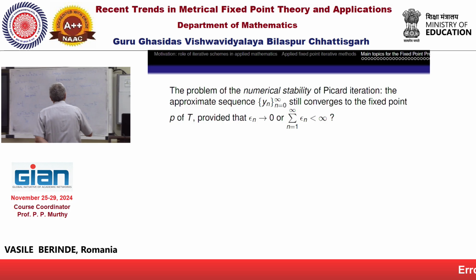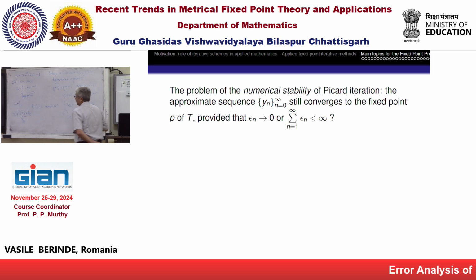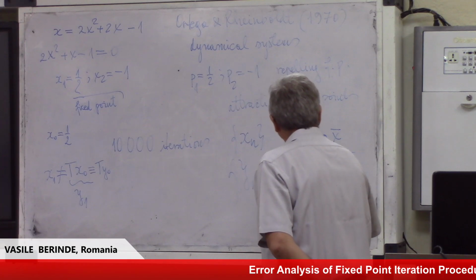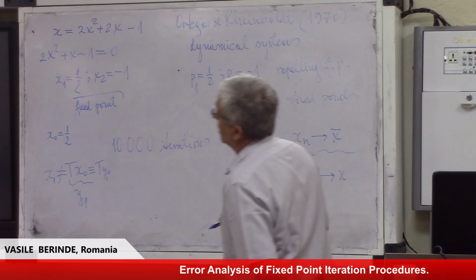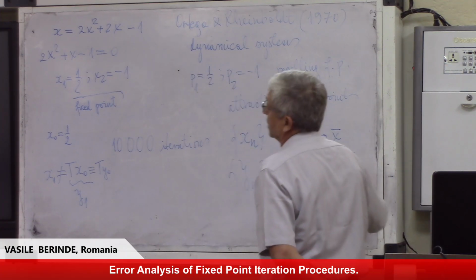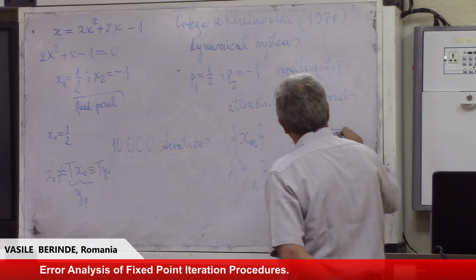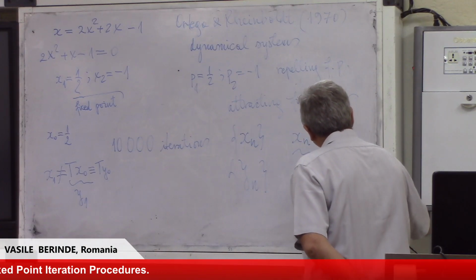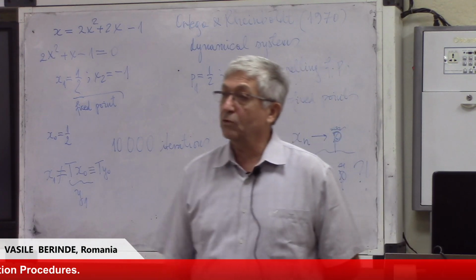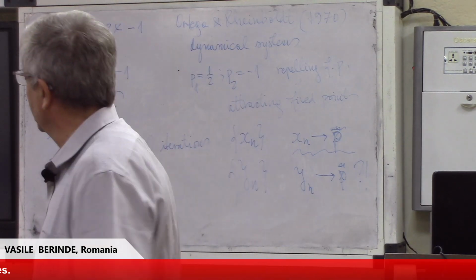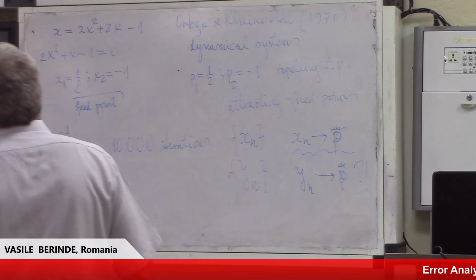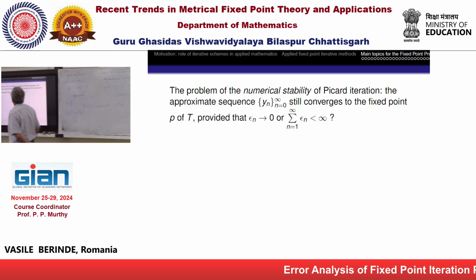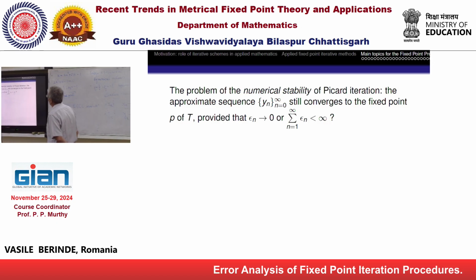We have the theoretical sequence of approximation. We have this approximate sequence, and the question is, is it still converging to, I denote it by P here, sorry, so this will be P, is it still converging to our fixed point? This is the problem of stability, provided that some properties are assumed regarding this sequence epsilon n.